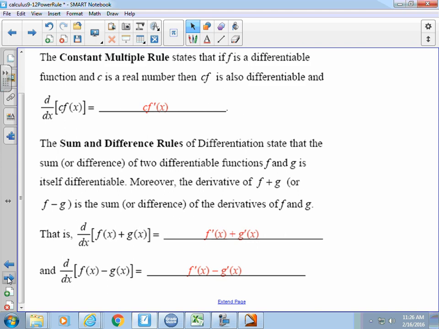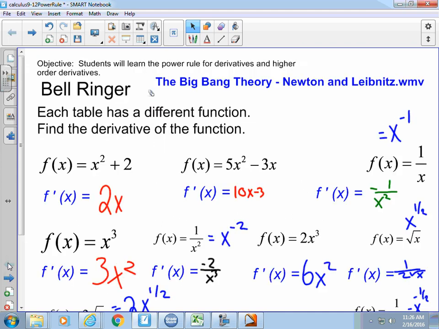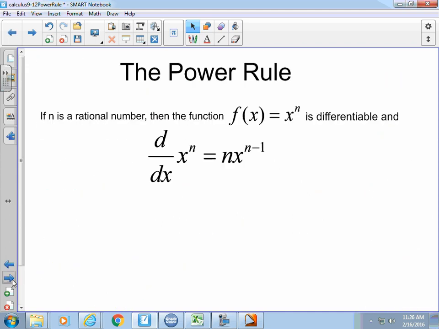Sum and difference rule. You figured this one out too. Remember there was an x squared plus something or minus something? We had 5x squared minus 3x.